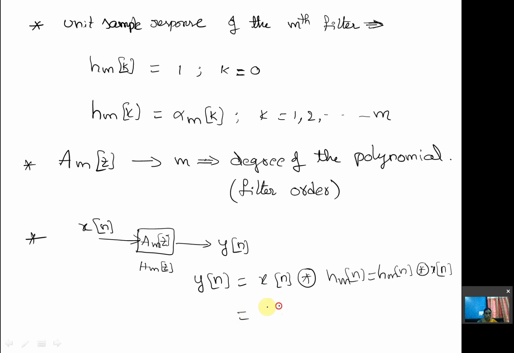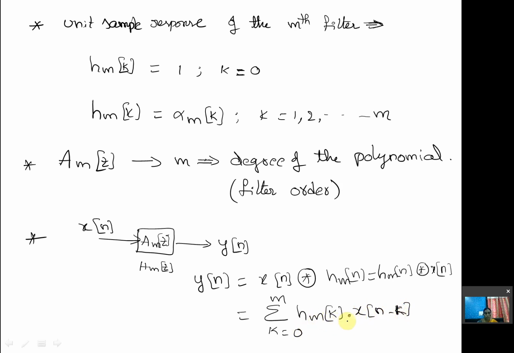Now I am using the formula, where k goes from 0 to N minus 1, which here is m: hm of k into x of n minus k.